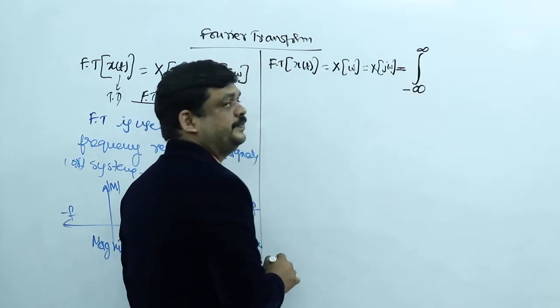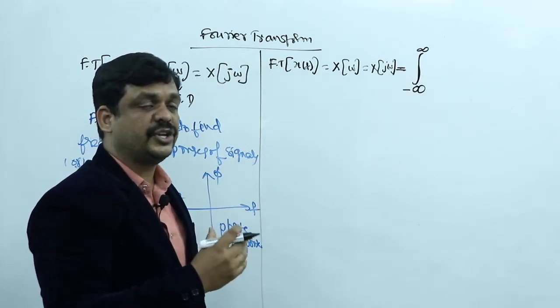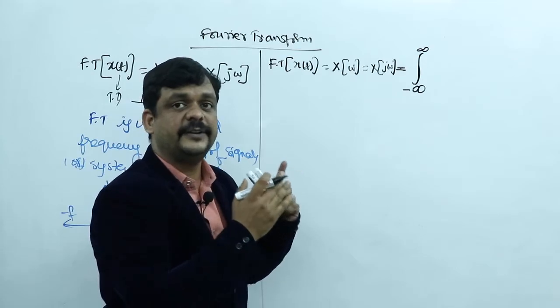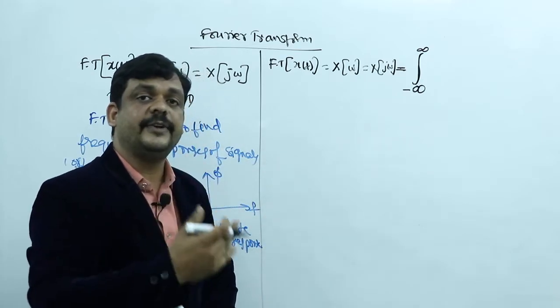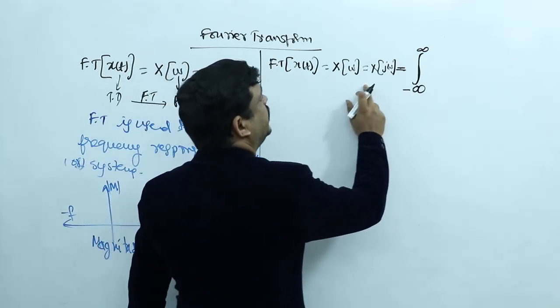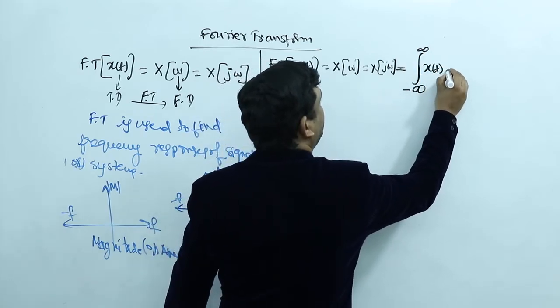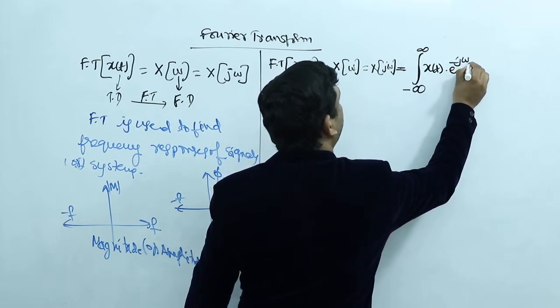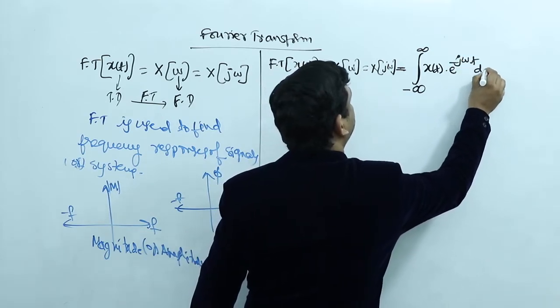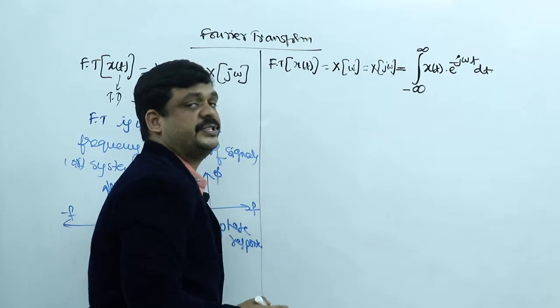Integration gives the area of the function, because this is specially defined for continuous time signals. Here we have to find the complete area, so we write the integration from minus infinity to plus infinity, x of t into e to the power of minus j omega t dt. This is one of the standard equations.